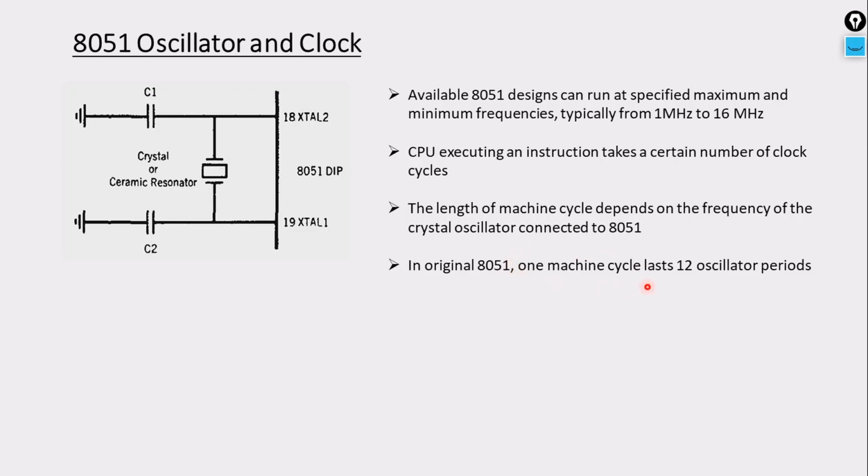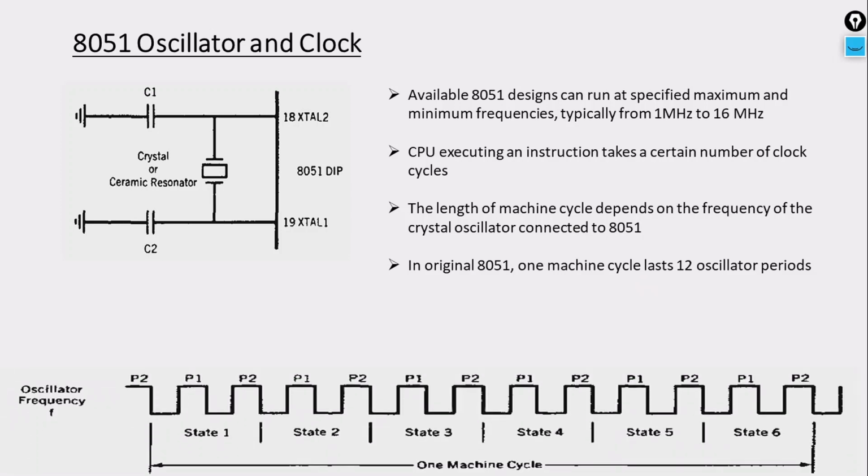If our clock frequency is f, we will have 6 different states. Each state requires 2 clock periods. So a total of 6 states is one machine cycle.